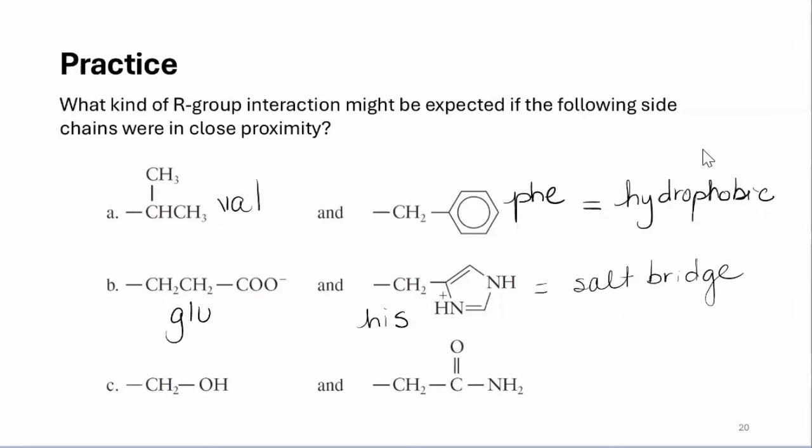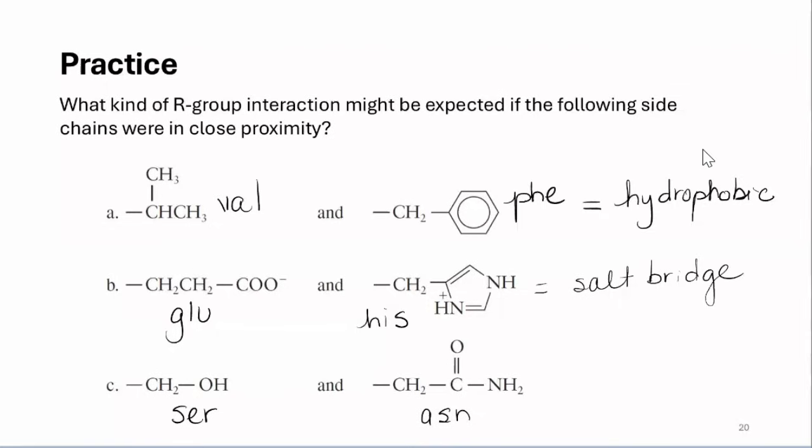Lastly, we have the side chain of an amino acid that is CH2OH, and the side chain of an amino acid that is CH2, C double bond O, NH2. When we assign which amino acids have these side chains, the first one is serine and the second is asparagine, meaning Asn.